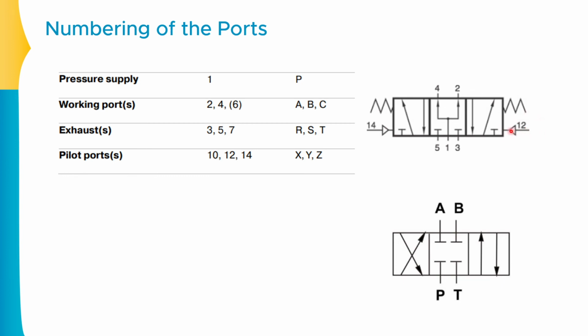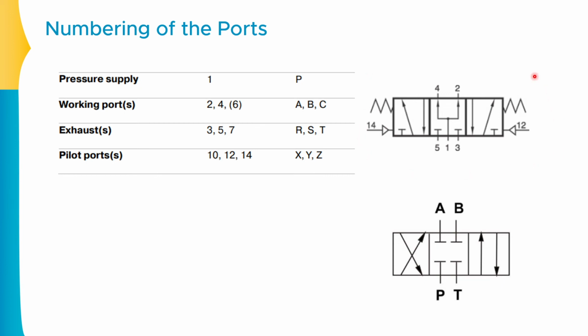Whenever it gets pressurized, this specific position will get actuated, and once you remove the pressure, the spring available over here will move this direction control valve into the normal position once again. So this is how the direction control valve can be understood with the help of the symbolic representation.